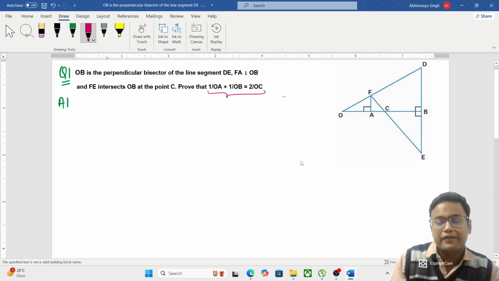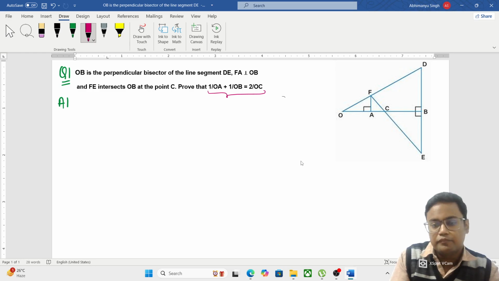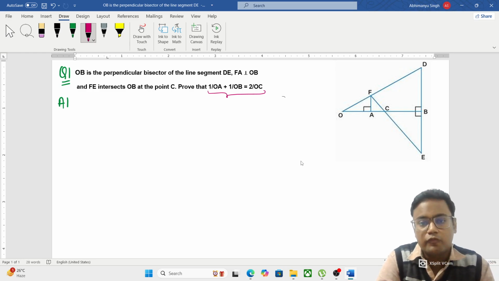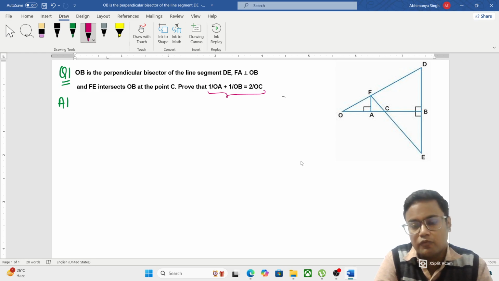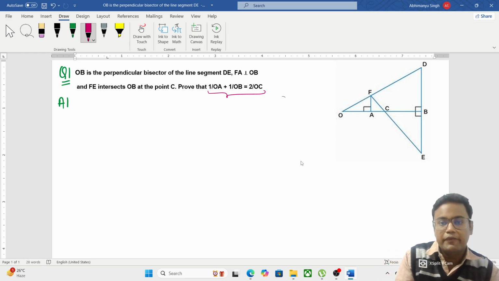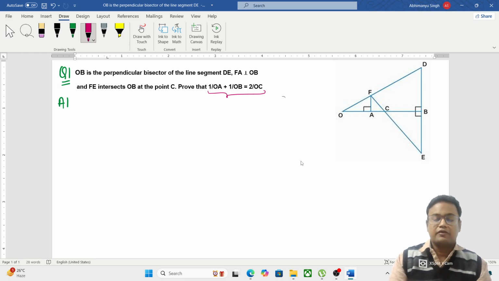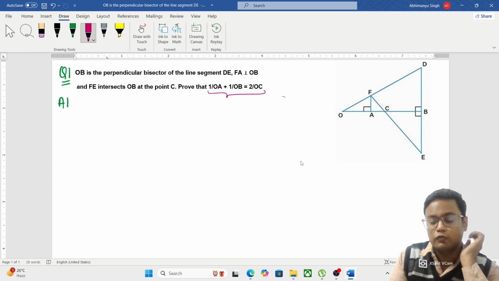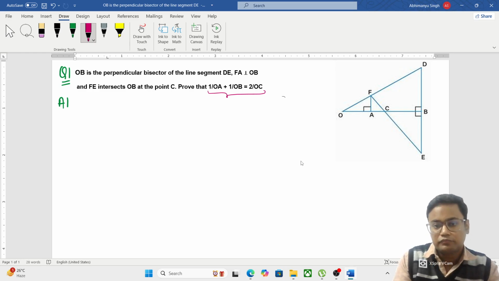The important thing here to notice is how you can start and continue with the flow, and when you are doing that you have to keep an eye on the expression which you are about to show. The moment we move away from the question, you will not be able to solve this, right? So let us try to solve it.